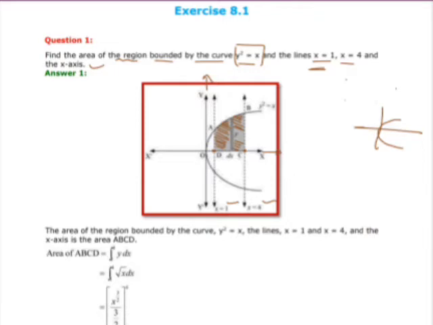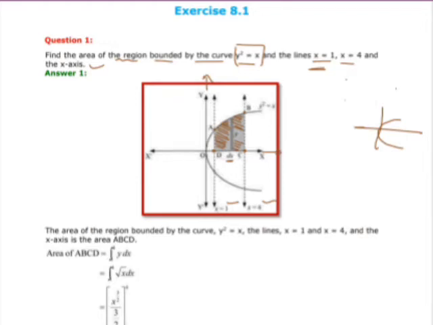So the strip width we are taking is dx. Already we have discussed all this in yesterday's class also. So the width of the strip is dx and the length is y, which is parallel to the y-axis. Let us consider this point as A, this point as B, this is C, and this is D. Got it?